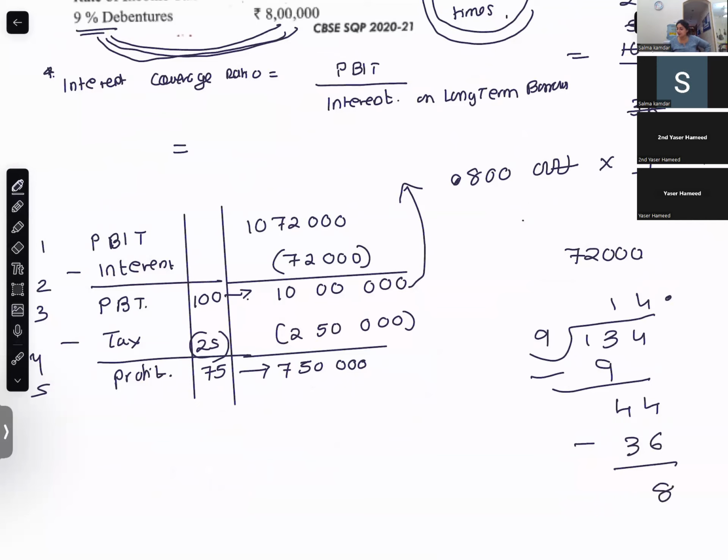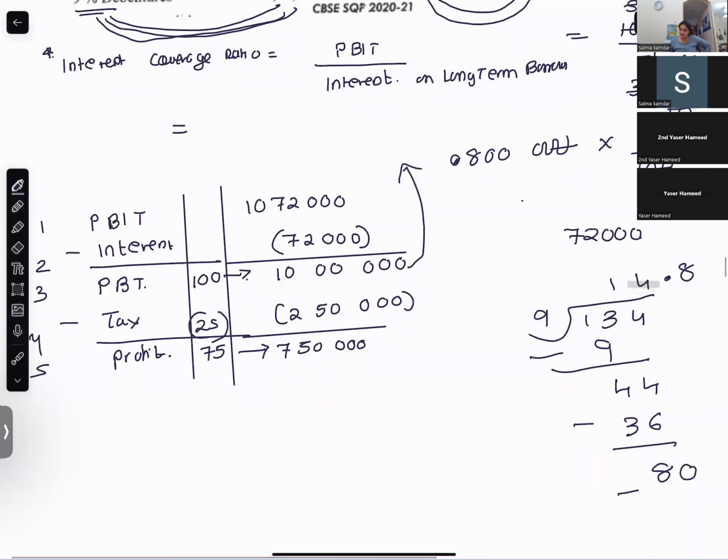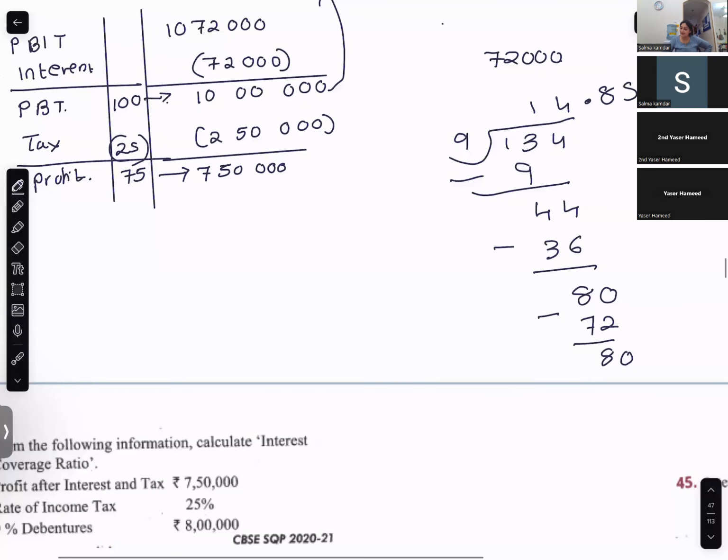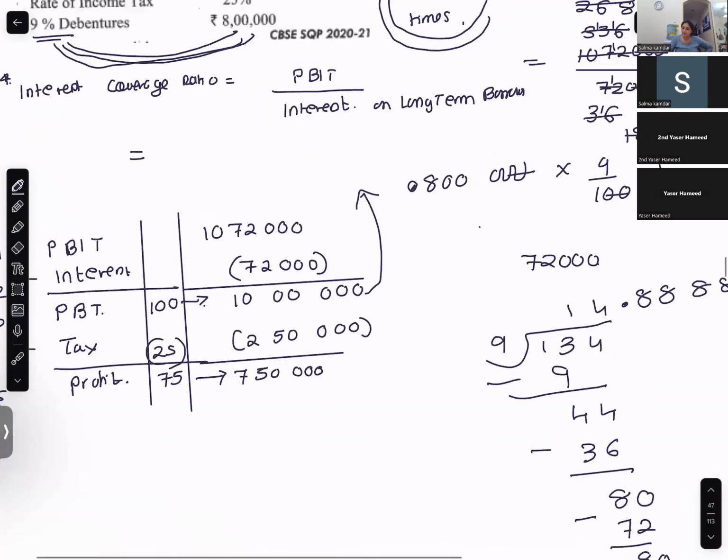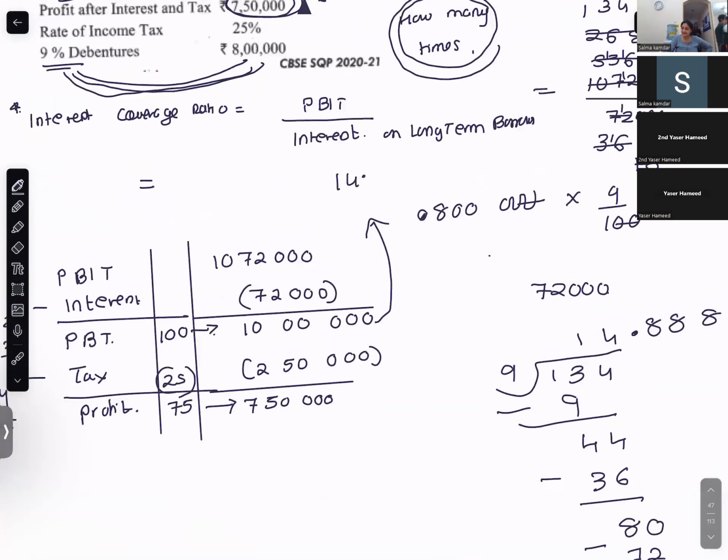I will put a point, bring down 0. 9 8s are how much? 72. Bring down 8. Put a 0. So it will be 0.888888. So it will be 14.9 times.